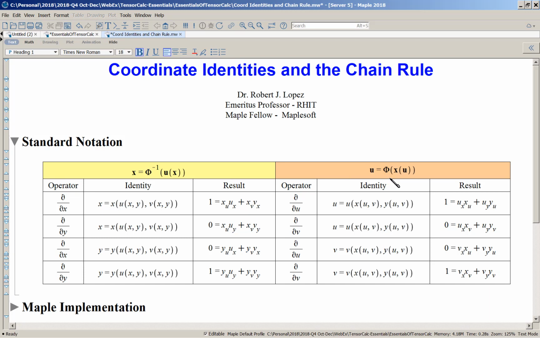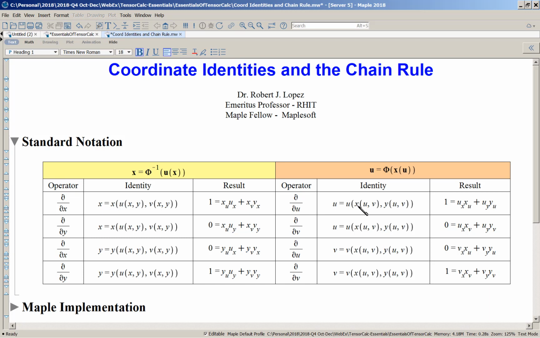So suppose we look at u is phi of x of u. You're looking at an identity of the form u is u of x and y, but x and y are themselves functions of u and v. And that's why this is an identity.